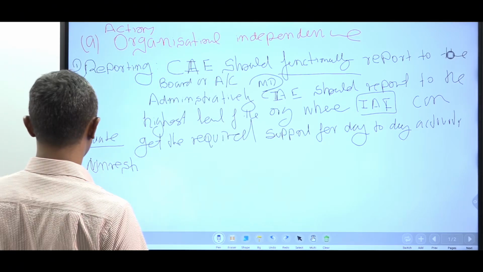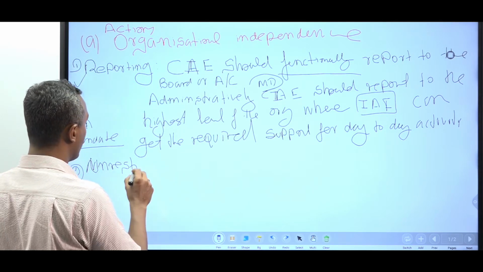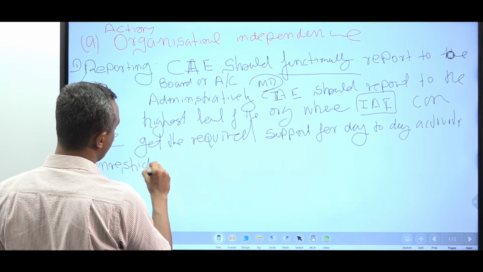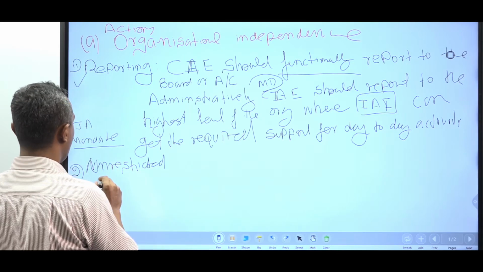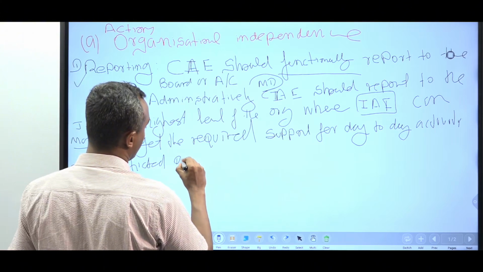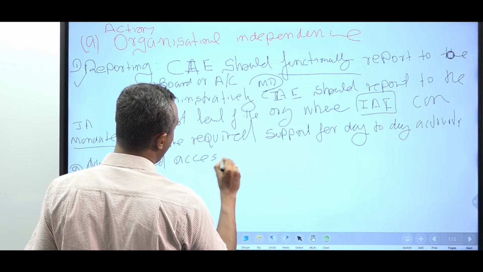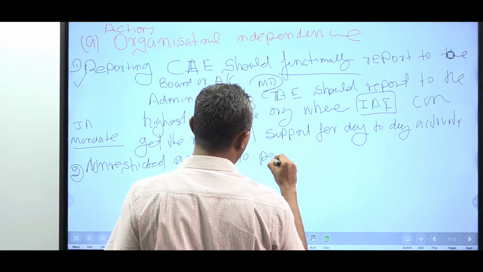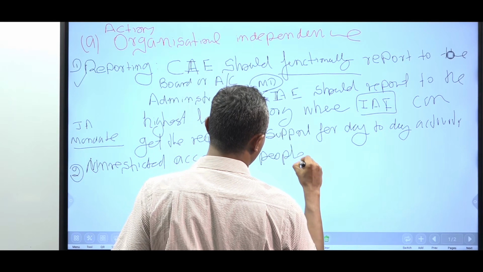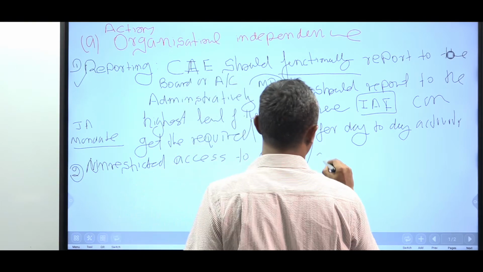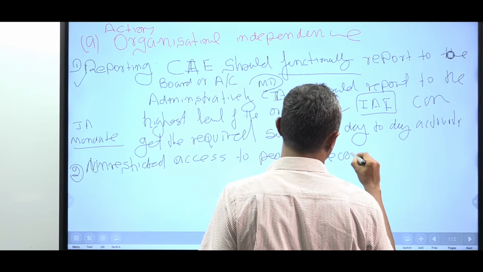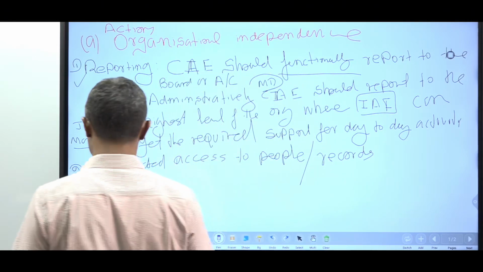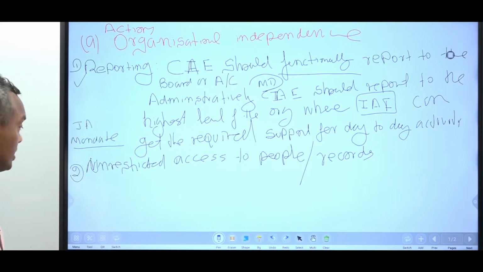So under the internal auditor's mandate, one thing you can write is unrestricted access. The internal auditor should have unrestricted access to people, anybody, irrespective of their position, and records, which enable the internal auditor to discharge their duty properly.